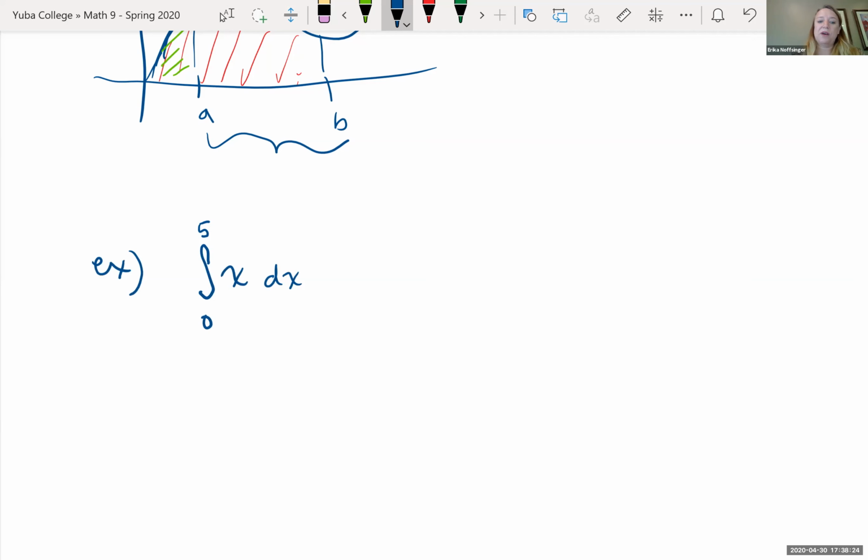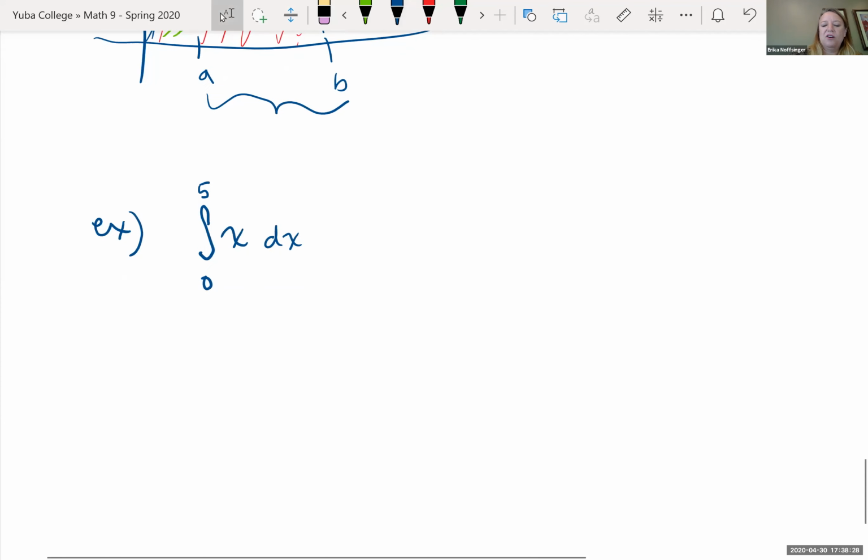Okay, so by this rule, we want to take the antiderivative of x. And if we take the antiderivative of x, remember the rule says we're adding 1 to our exponent. So we have 1 plus 1, which is 2. And we're dividing by our new exponent of 2. And we're evaluating this from 0 to 5.